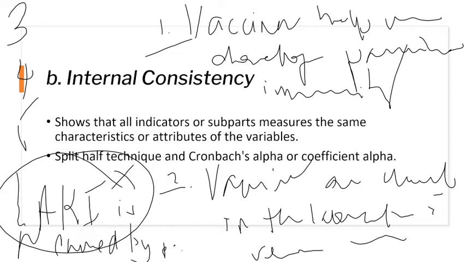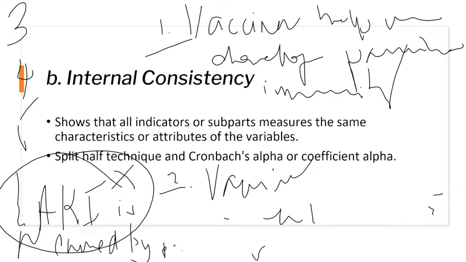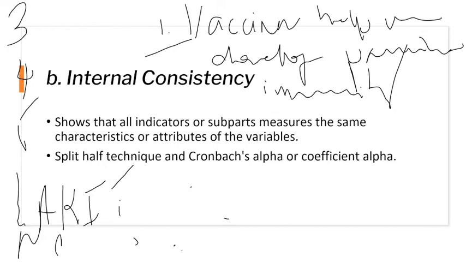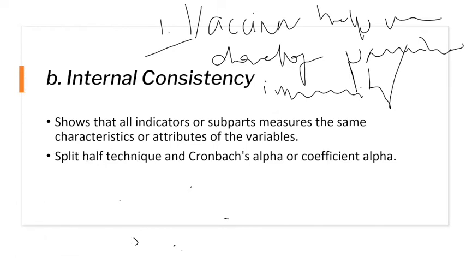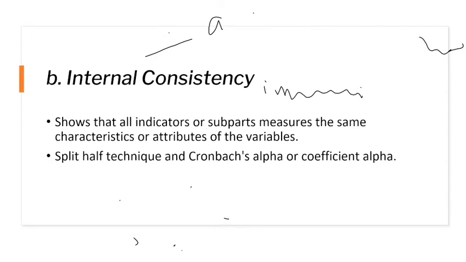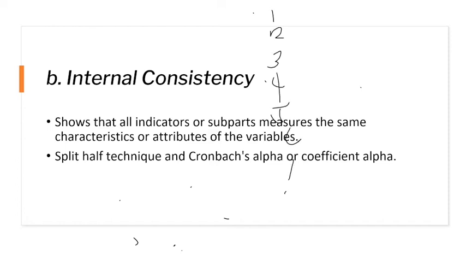If I do a reliability test, the Cronbach alpha would turn out very low because some of your questions are not consistent and do not measure the same attributes of the variable. Guys, your Cronbach alpha and split half reliability work in such a way that they check if your respondent has a correct answer from number 1 to 3, is it the same in number 8 to 10?